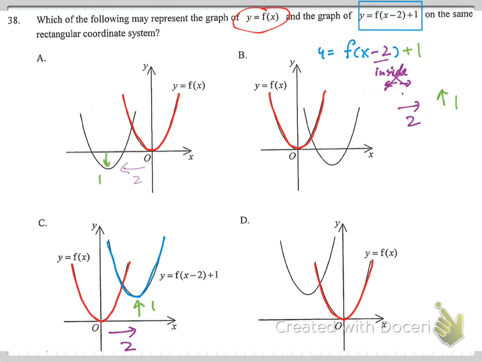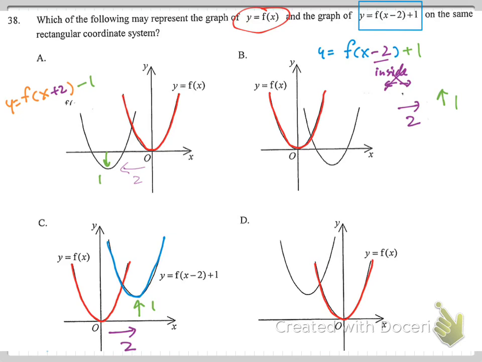Moving to the left-hand side is f of x plus 2, 2 units to the left-hand side. Alright, and then moving down is minus 1. So this is the corresponding equation for A.